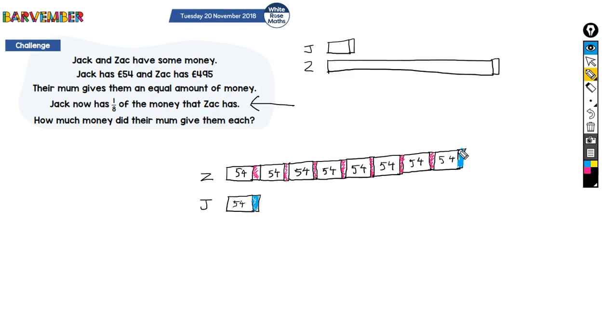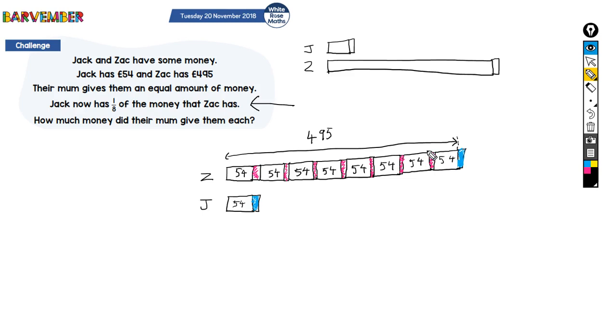This here is the additional money. Up to here is how much he had at the beginning, which is 495. Okay, we can do something with this.